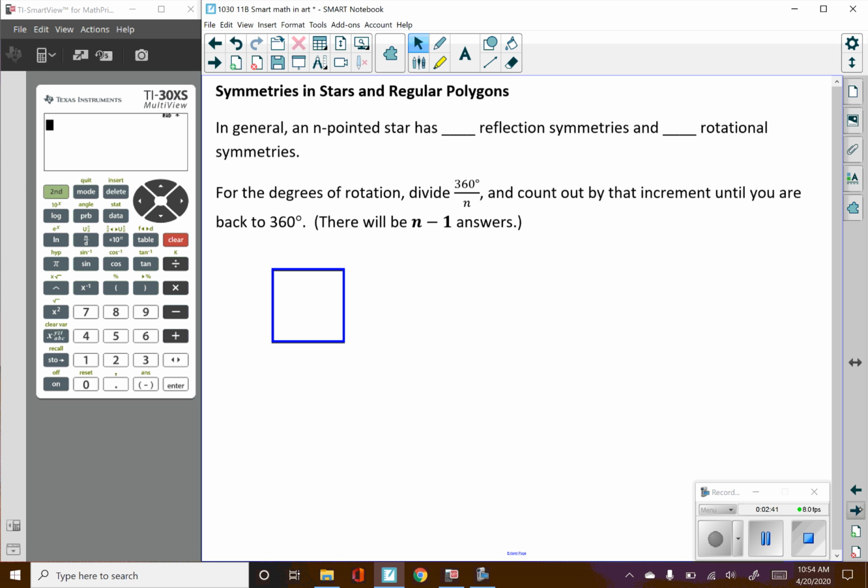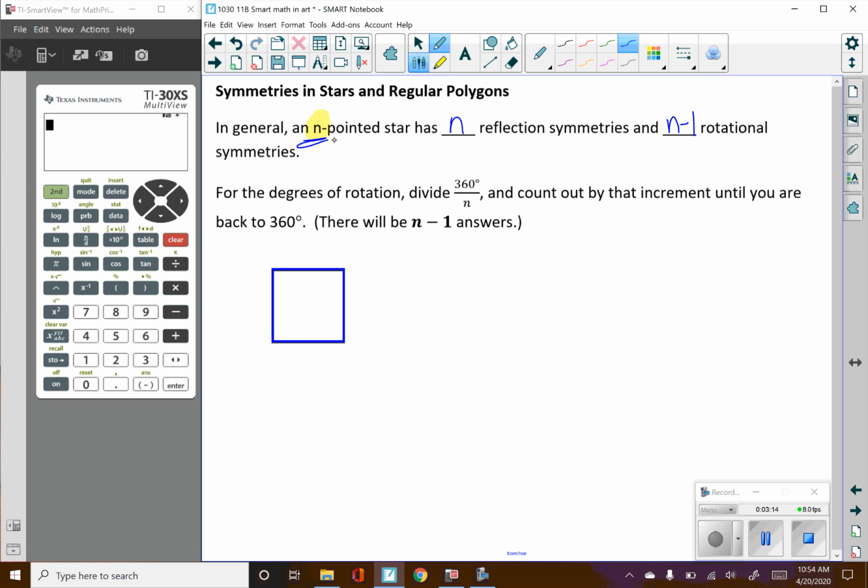In general, if we are dealing with regular stars, they have a certain number of reflection symmetries and a certain number of rotational symmetries. If you have a star or a shape that has n points, then it is going to have n reflection symmetries, and it will have n minus 1 rotational symmetries.